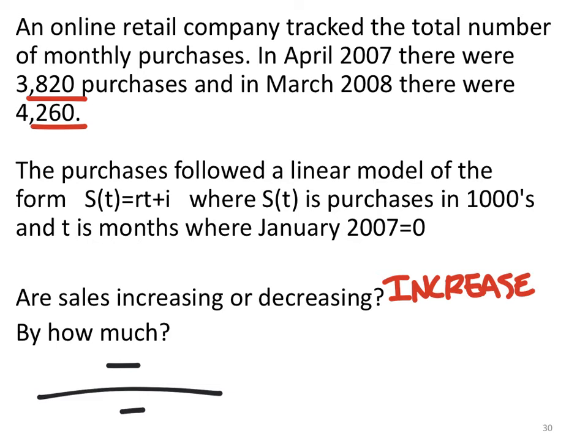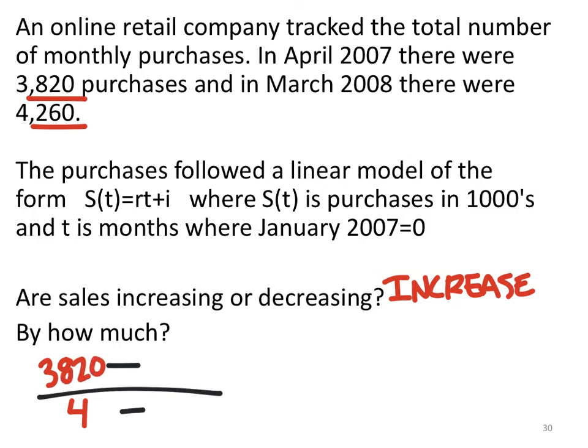And yeah, we can say, let's see, April 2007, that would be whatever, the 0th month. I don't know, if you want to say it was the 4th month, right? That's April: January, February, March, April. Yeah, 4th month, it was 3,820 purchases.